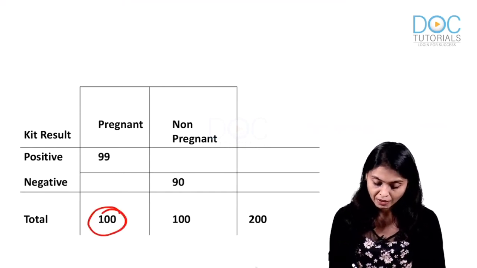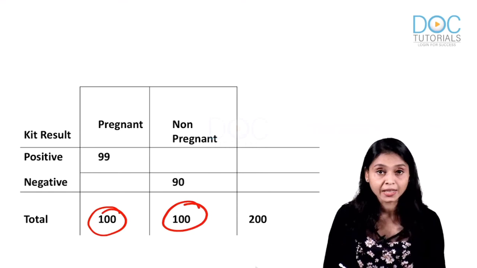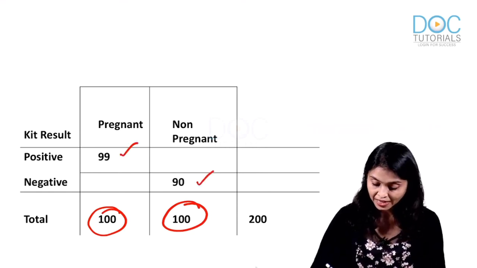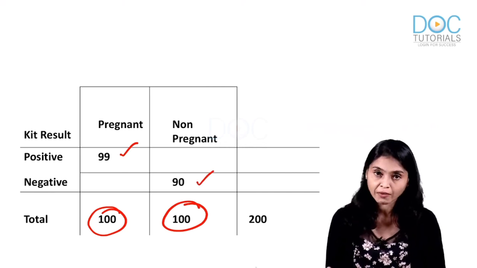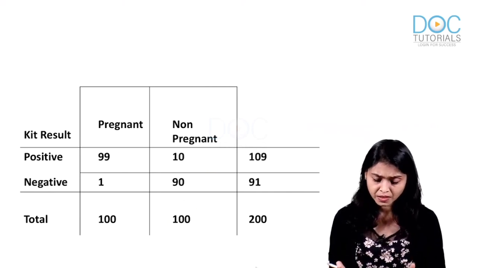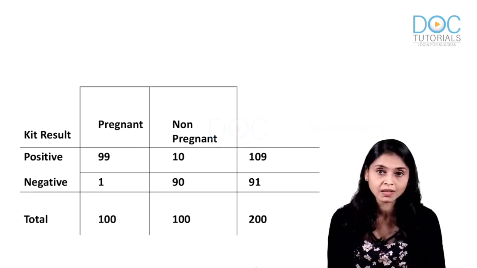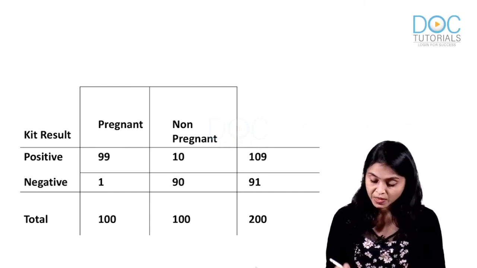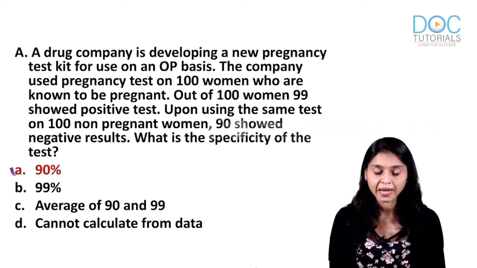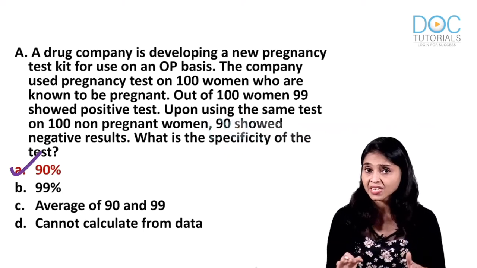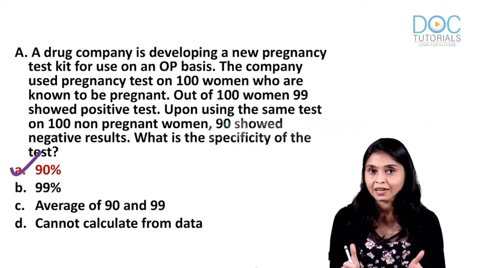The new pregnancy test kit gave 99 positives out of pregnant women and 90 negatives out of non-pregnant women. Now, can't you fill in the rest? Yes. Sensitivity, specificity, positive predictive value and negative predictive value, everything you can find from this. So, the specificity would be 90 divided by 100, which is 90%. And not just specificity. Let them ask anything, you will correctly find the answer, right?